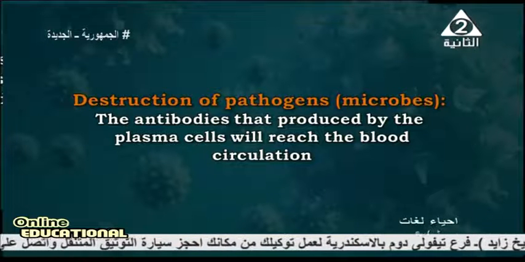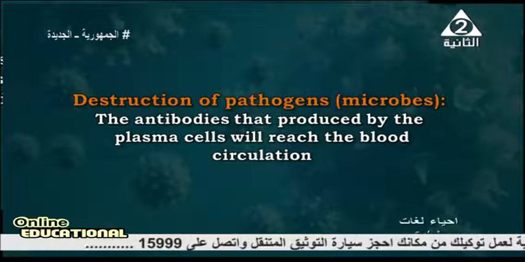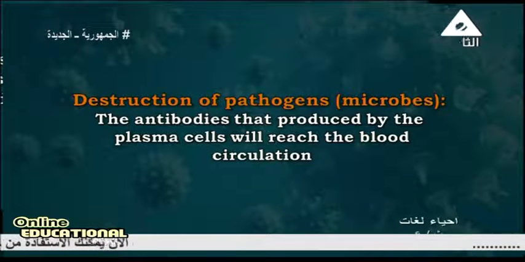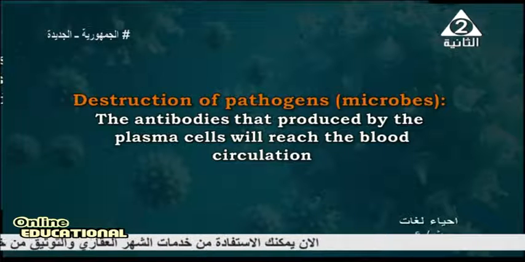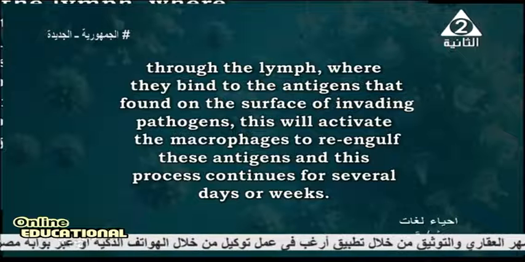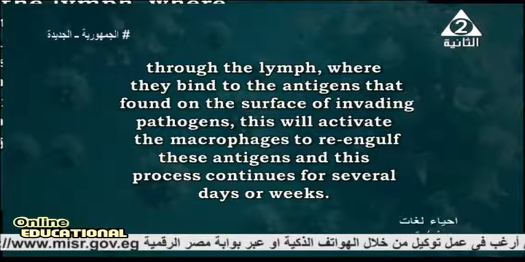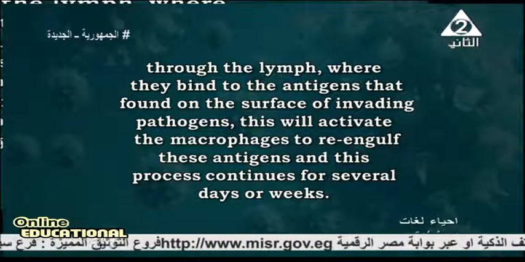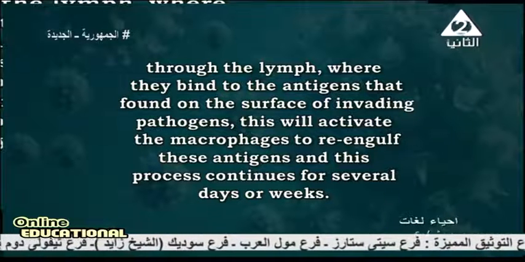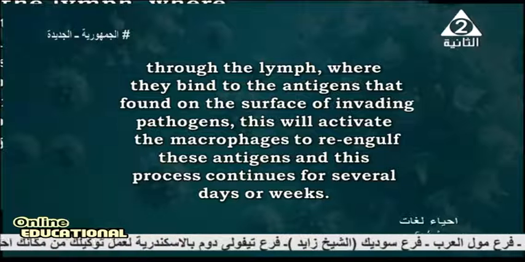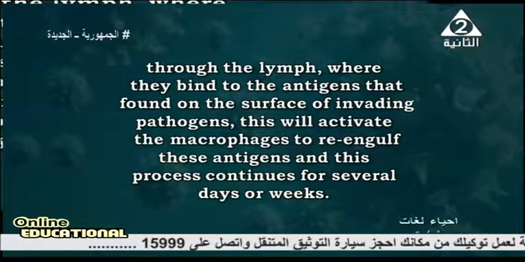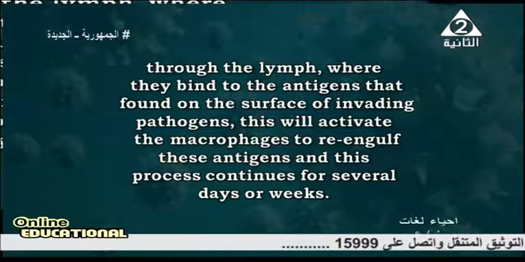The antibody produced by the plasma cells reaches the blood circulation and kills the microbes inside it, through the lymph, where it binds to the antigen found on the surface of the invading pathogen. This will activate the macrophage again to engulf this antigen, and this process continues for several days or weeks, if the infection occurs the next time.